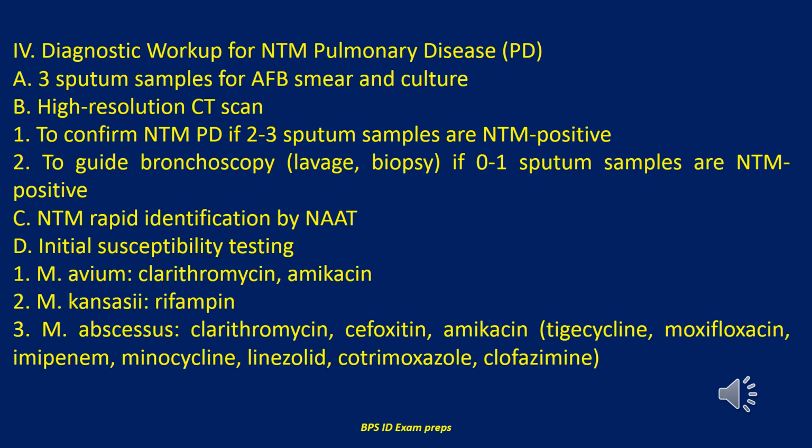NTM rapid identification by NAAT and initial susceptibility testing should be done. 1. M. avium is treated using clarithromycin and amikacin. 2. M. kansasii is treated with rifampin. 3. M. abscessus is treated with clarithromycin, cefoxitin, amikacin, tigecycline, moxifloxacin, imipenem, minocycline, linezolid, cotrimoxazole, and clofazimine.